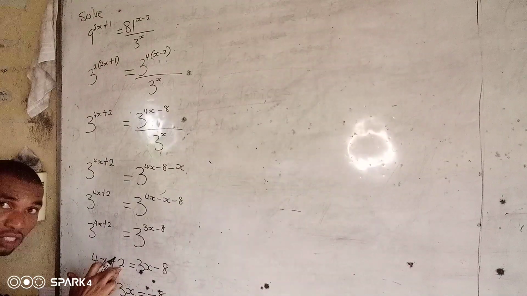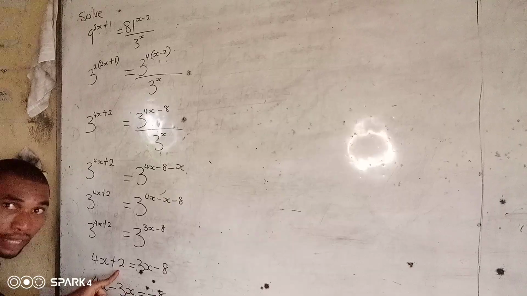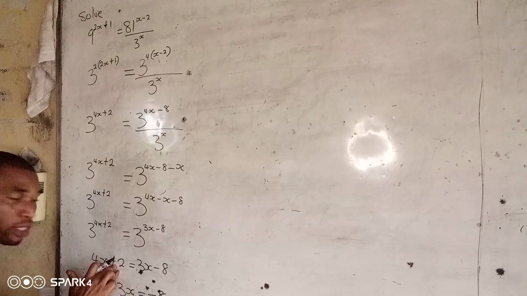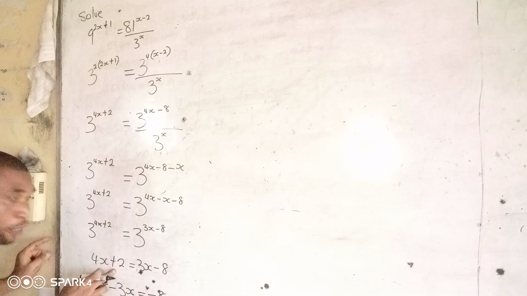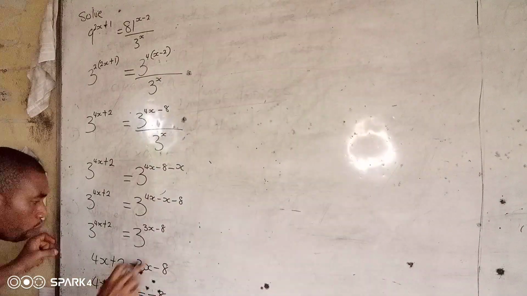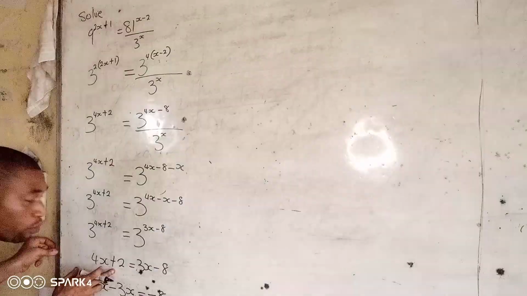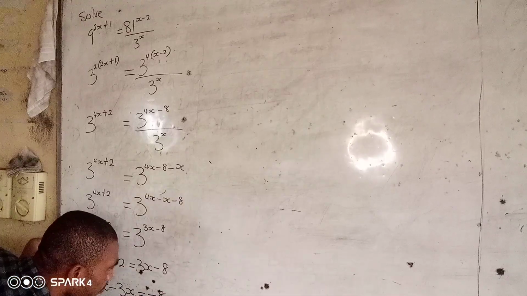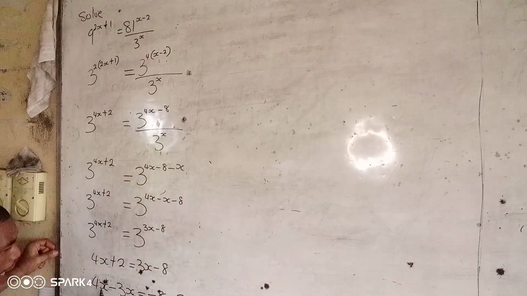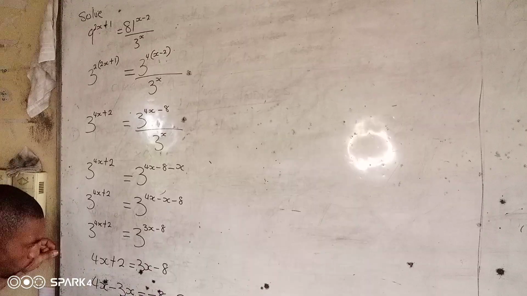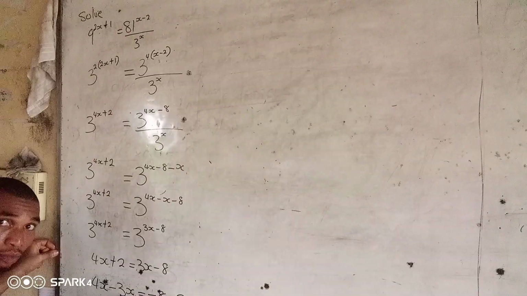Now, plus 2, which is a constant, because they are like terms. They don't have terms in x. So I move this constant term to the right-hand side. It is positive on the left-hand side. I'm going to move it over to the right-hand side, and the sign will change to negative 2. That is minus 2. So 4x minus 3x, that should give me x, because the coefficient of this x here is 3.